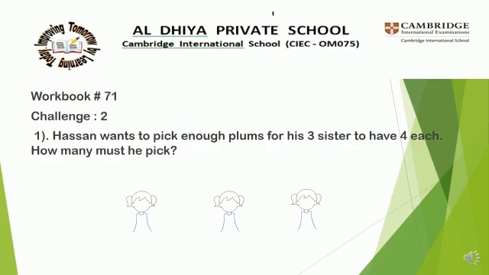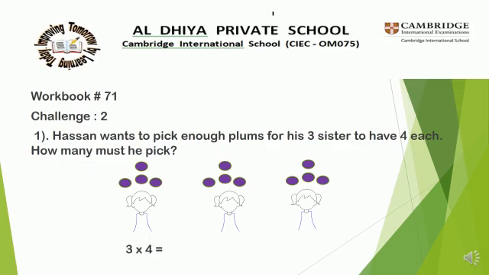First sister, 4. Next one, 4. Next one, 4. So now he bought 4 plums for his 3 sisters. So what do you have to do now? You have to do multiplication.